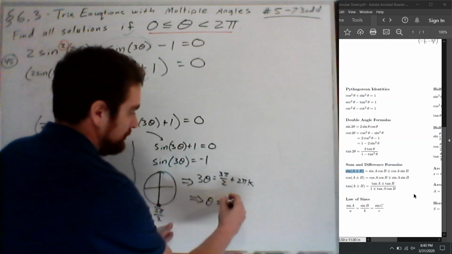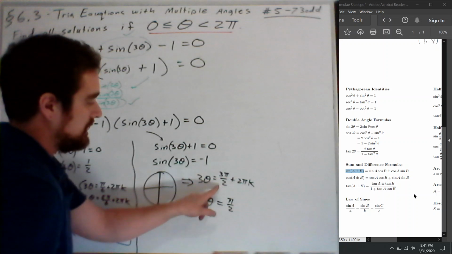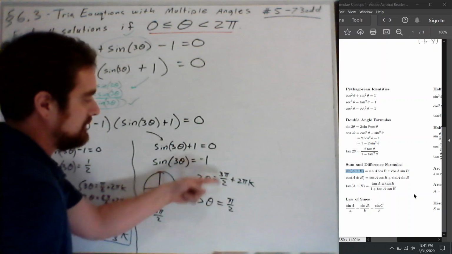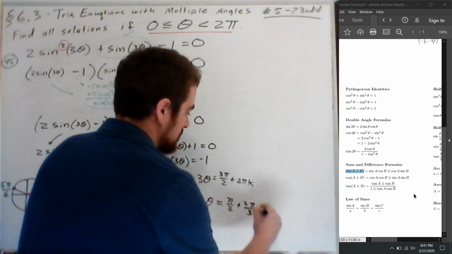It's going to have to be pi over 2. So if I divide 3 pi over 2 by 3, the 3's cancel. Plus 2 pi over 3 times k.